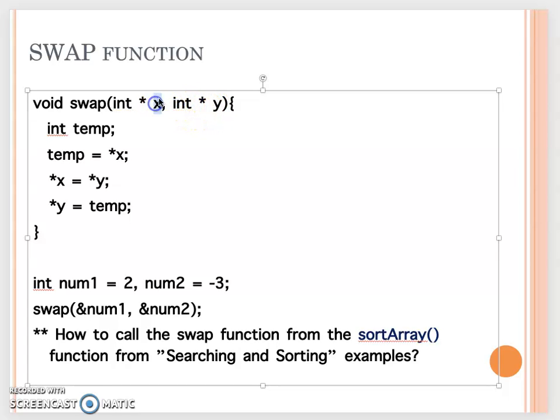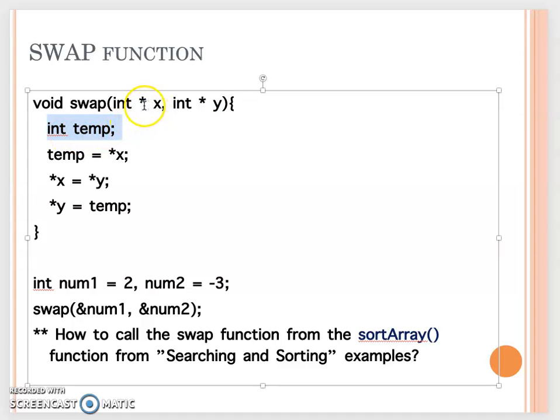Because your x refers to the argument you pass, and the y refers to the argument you pass. So you can either use references to write your swap function, or you can write the swap function with pointer arguments. When you do it like this, you still need a temp int variable.